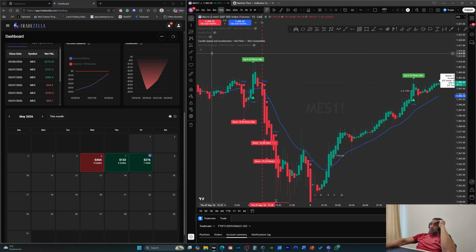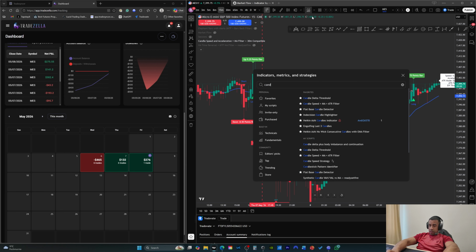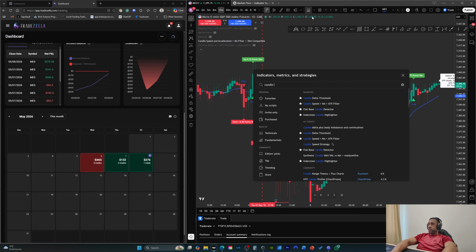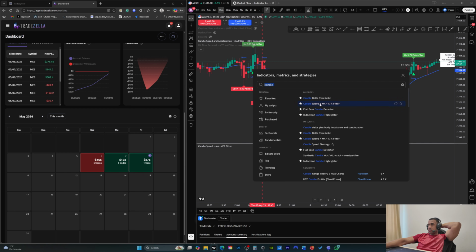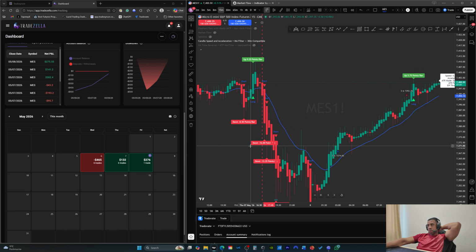So this indicator, candle speed and acceleration. Let me see if it shows candle speed. This one right here. Why is it not showing? Wait a minute, is it this one? That's not it. See, TradingView is always the same.